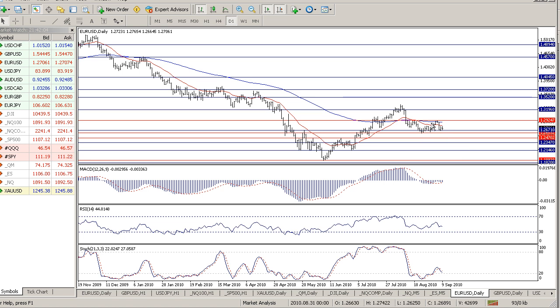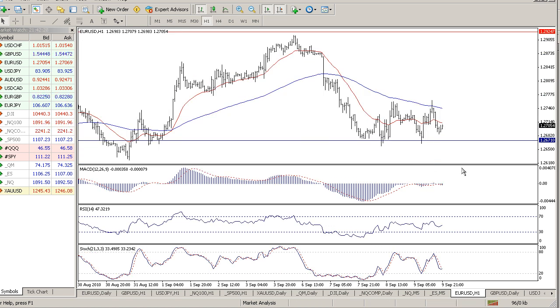So a decline toward the 121.50 level is expected in the next several weeks once the current sideways consolidation ends. Of course, if the euro manages to break above 129.20, a rally toward the 131, 132 area will become likely, but ultimately, again, we would expect a move down here.